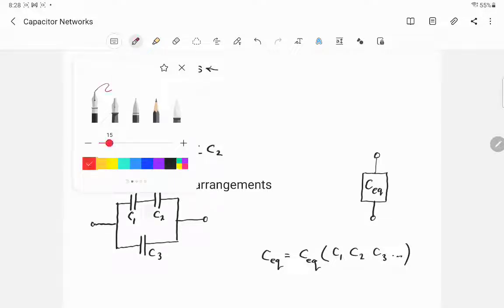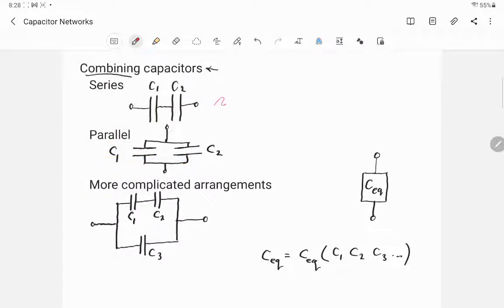And there are two generically different basic connections between capacitors. There's the basic connection known as the series connection. And you can see that what's meant by series is, you might imagine this is the beginning of our network, and this is the end of the network.